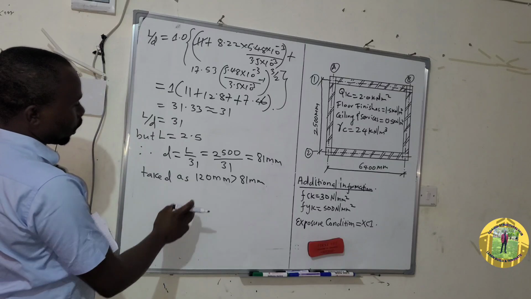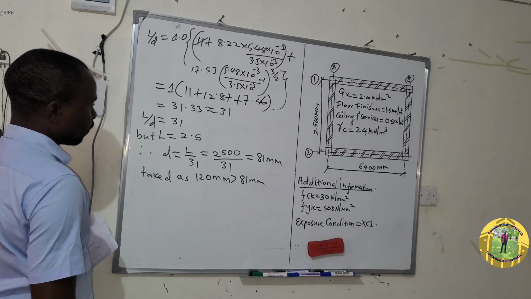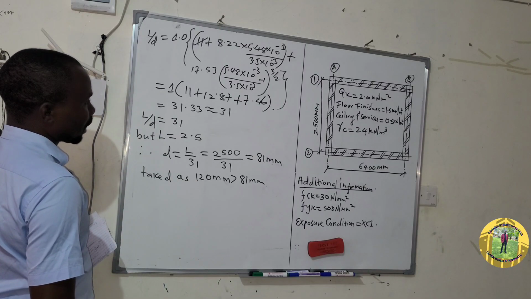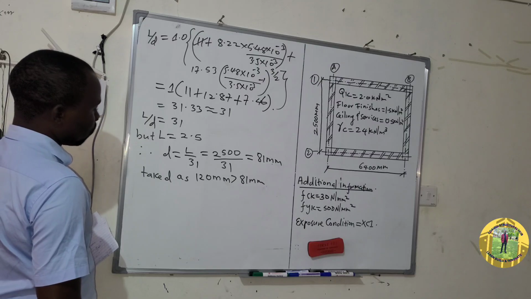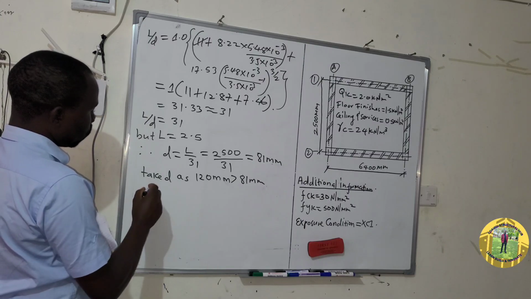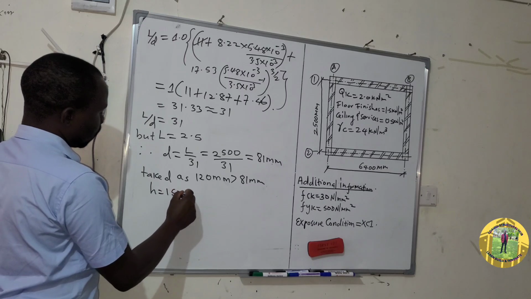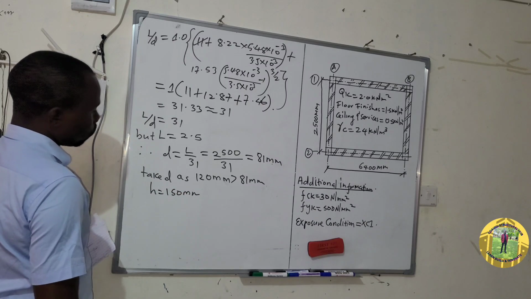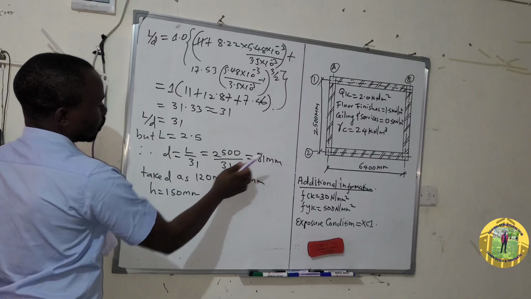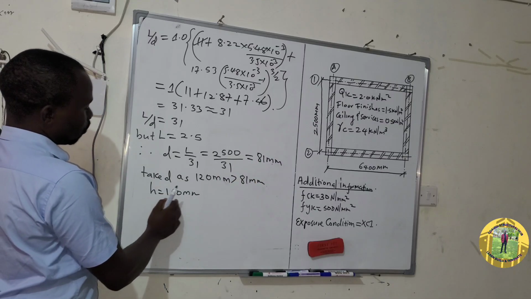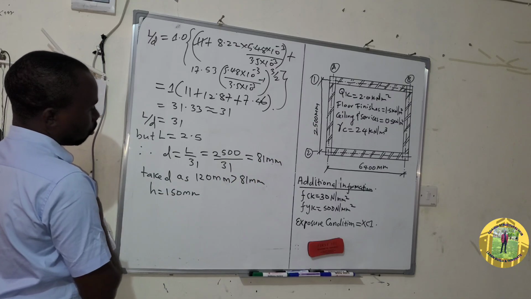The reason why I'm taking 120 millimeter is that I want to design a slab which will have H as 150 millimeter. But if you take 81 to arrive at 150 millimeter, it will not be possible.